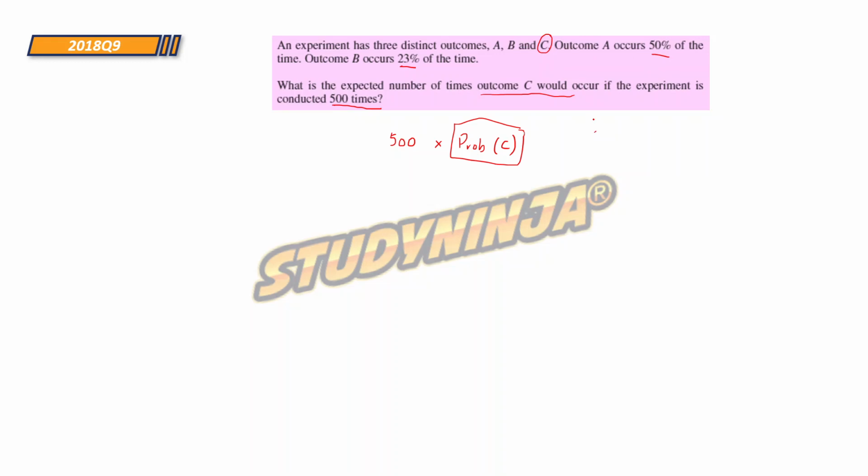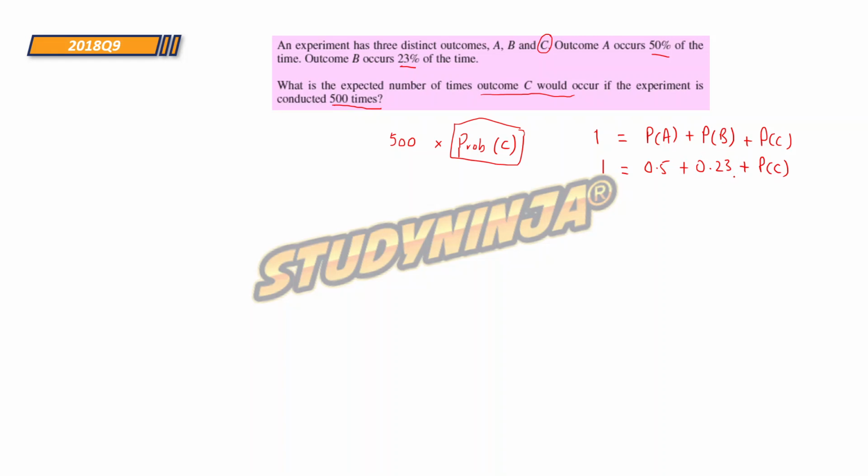So 1 should be equal to the probability of A plus the probability of B plus the probability of C. Then I just substitute these values. 50% is for probability A, 23% for probability B, and probability C is what we need to find.